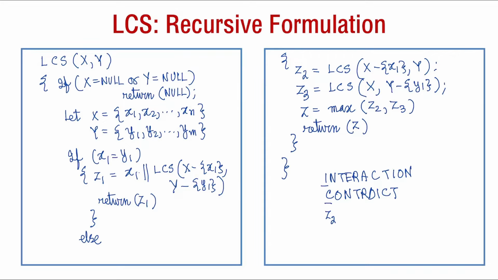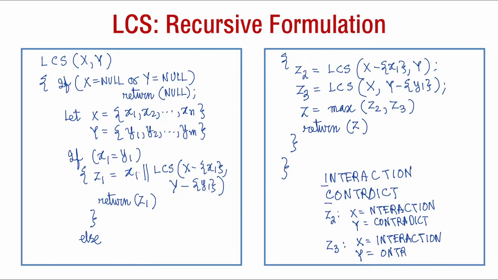From Z2 we would call it with x equal to the remainder and y equal to contradict, and for Z3 we would leave x the same and y we would shorten, because their first characters have not matched.